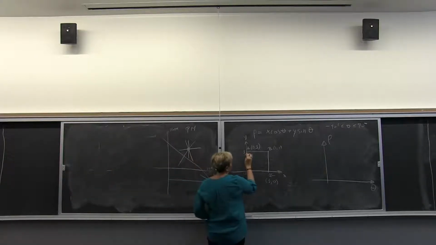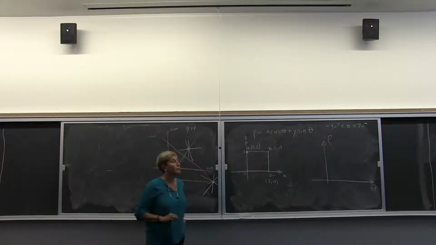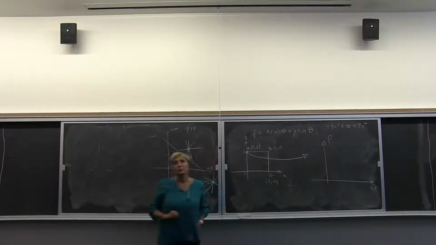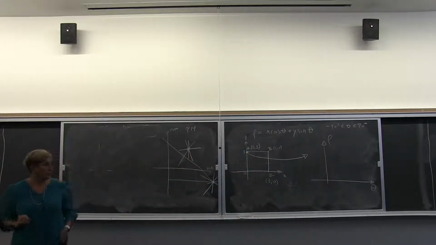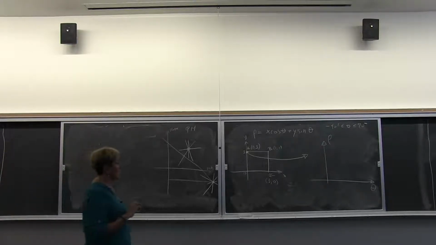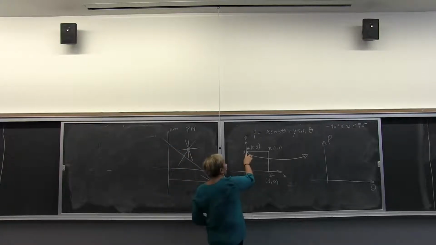What is the Hough transform of this point A? How does it map here? Theta is 90 and rho is 1. I'm talking about a point, not of a line.